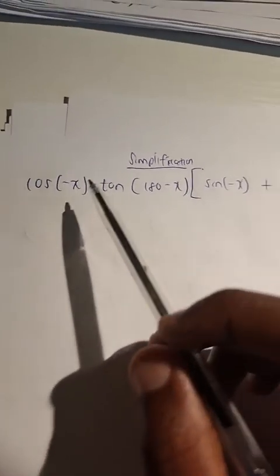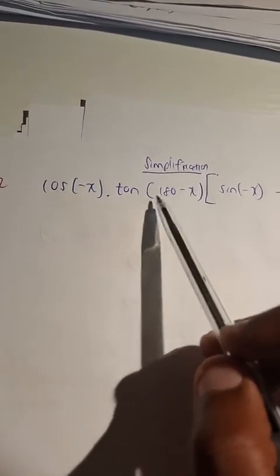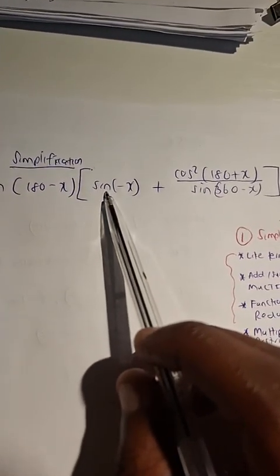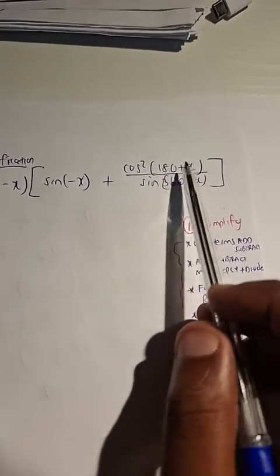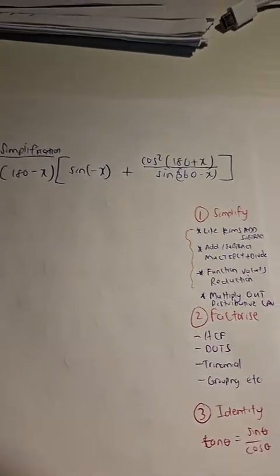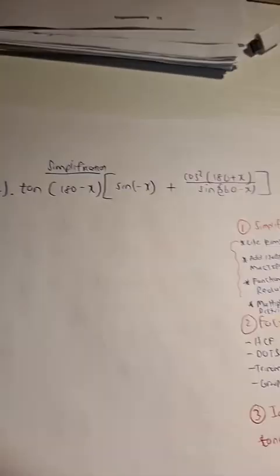So let's look at this. Cos of a negative angle times tan of 180 minus x, that's a function value. Here inside the bracket, there's a negative angle plus a function value. I can see there are no like terms, and no multiplication or division of fractions.